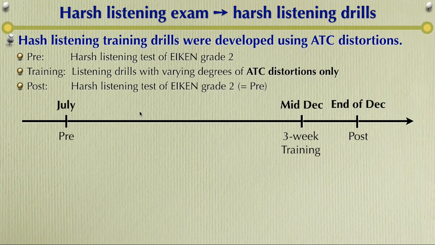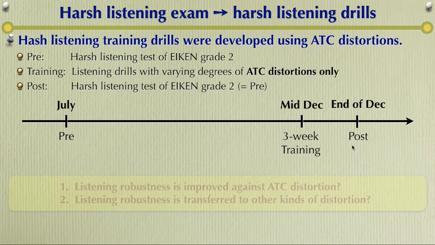So we prepared a pre-test, training, and post-test. Training is listening drills with varying degrees of ATC distortions only. The pre-test was done, and after 5 months, we introduced a 3-week training of listening drills using only ATC, air traffic control distortions. After that, we did the post-test.